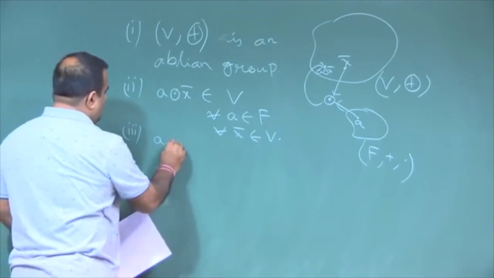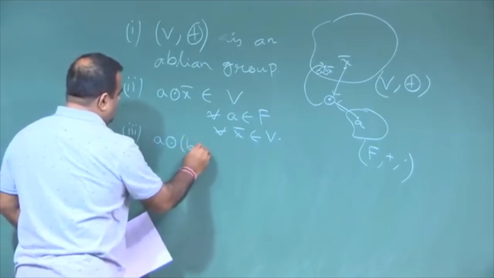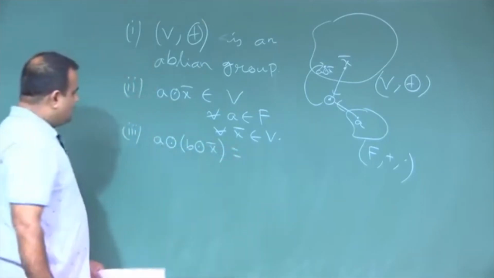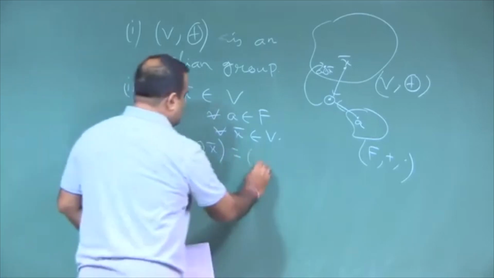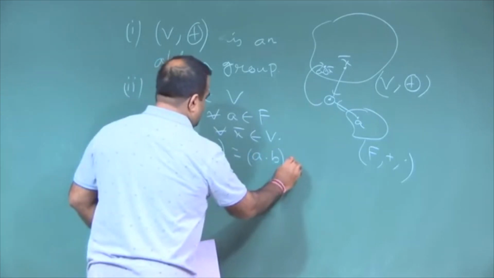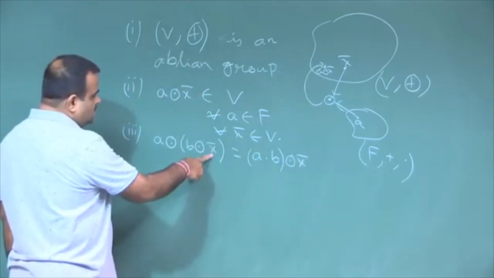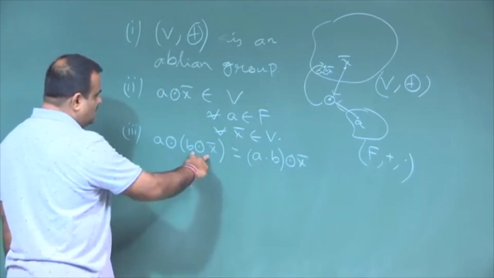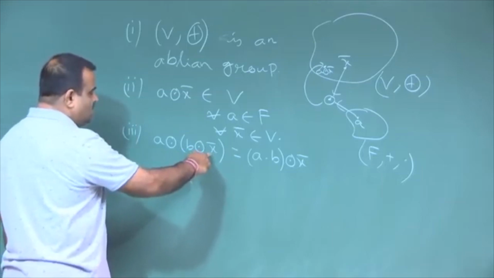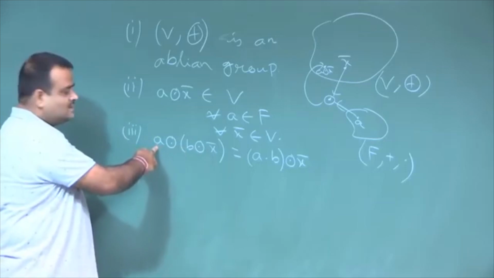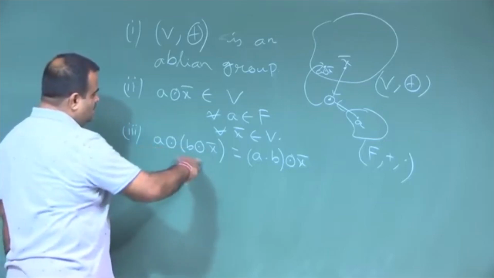Now, a few more properties on this scalar multiplication along with the vector plus. Okay. So, A, B and if we operate on x, this should give us (A dot B) x. We have to understand this. This is a vector, this is a scalar. So, scalar multiplication will give a vector. If it is giving a vector, then we can take another scalar and operate, and this will give a vector.